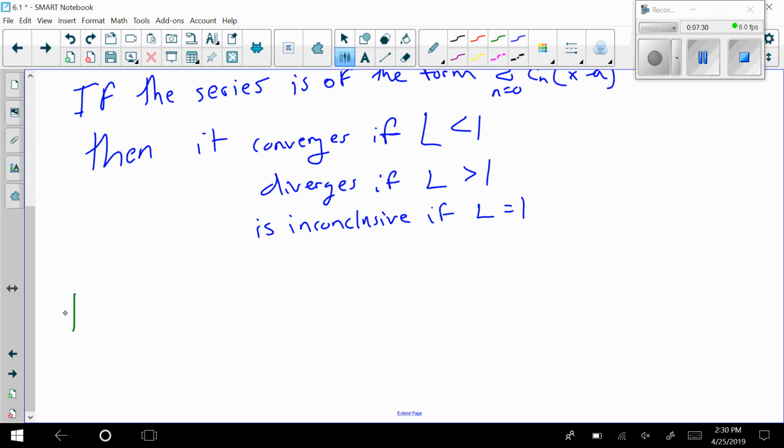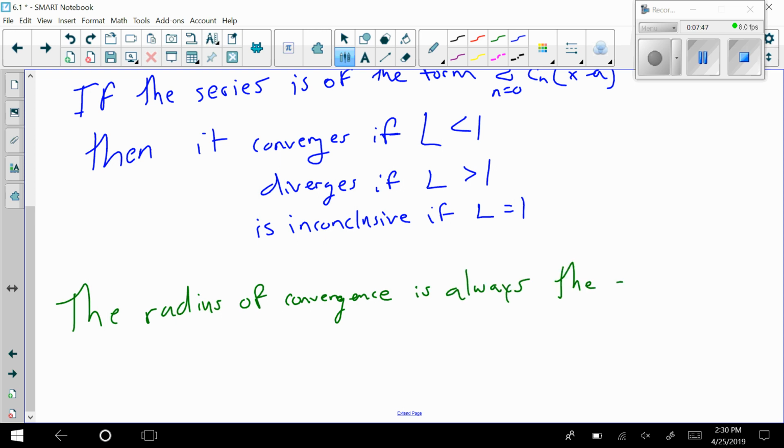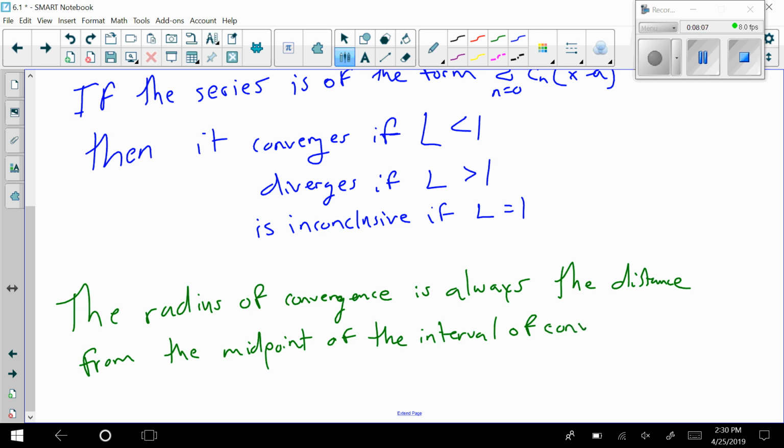The radius of convergence is always the distance from the midpoint of the interval of convergence to one of the bounds.